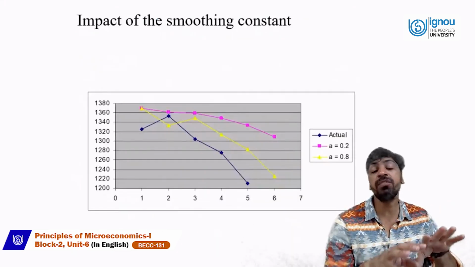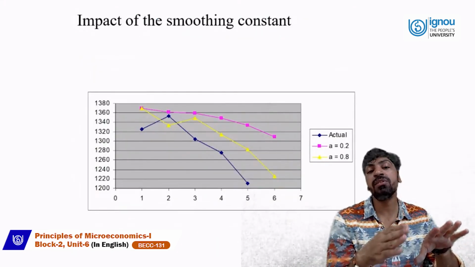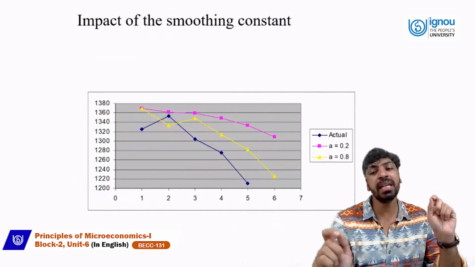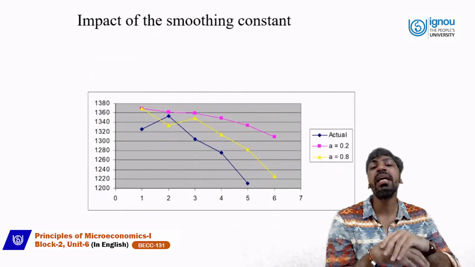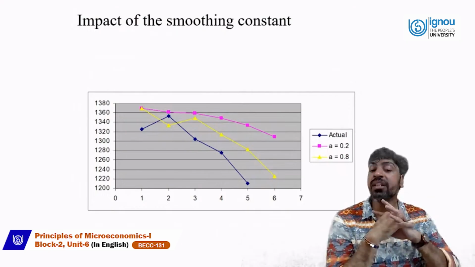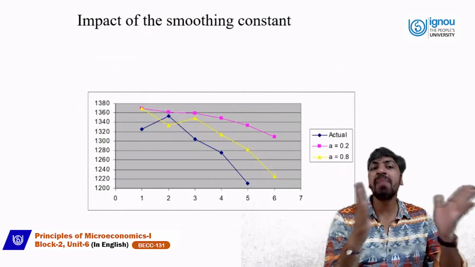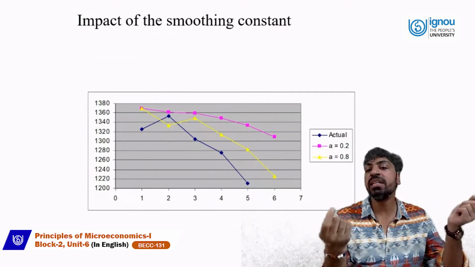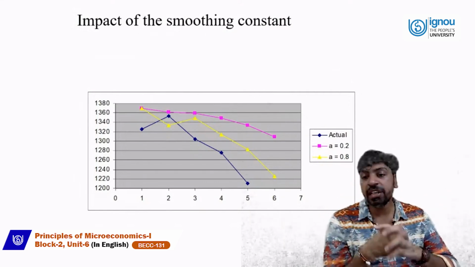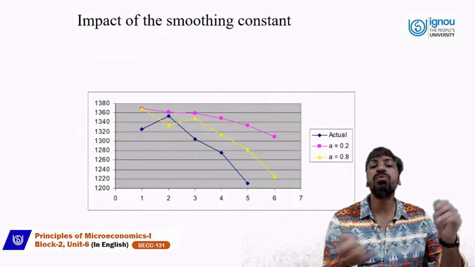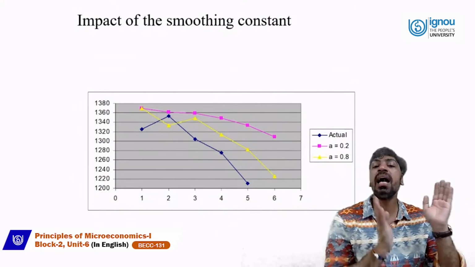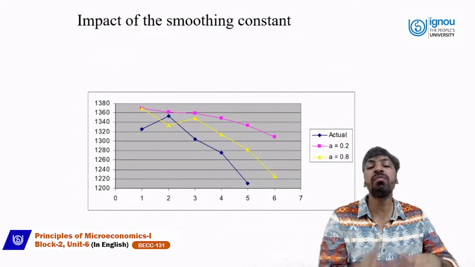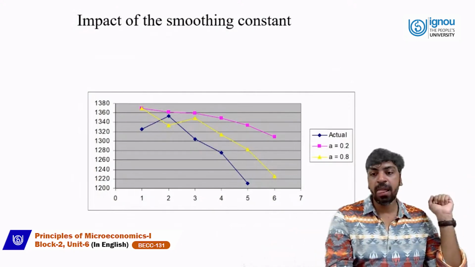If you see the diagram, the actual first increases at an increasing rate, then remains constant, and immediately declines at a decreasing rate. So this is the impact of the smoothing constant values. Alpha is a constant value which has been given to weigh the actual values to find out the forecasting values of the later periods.